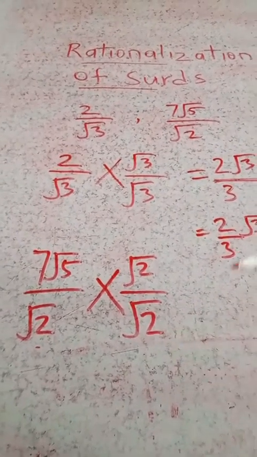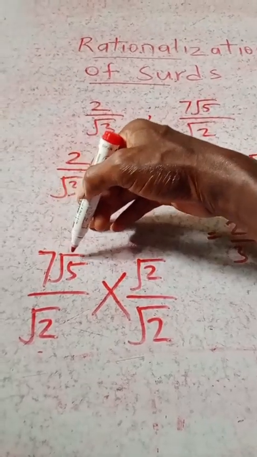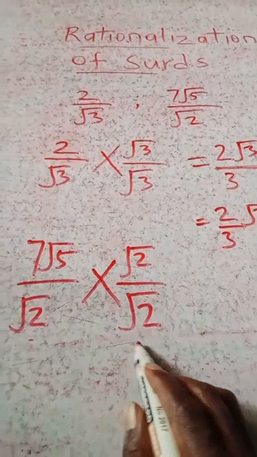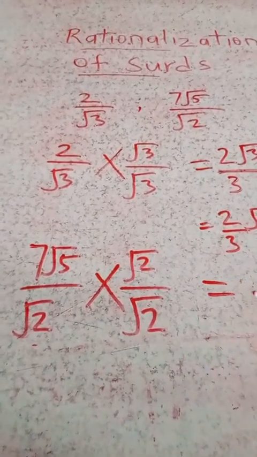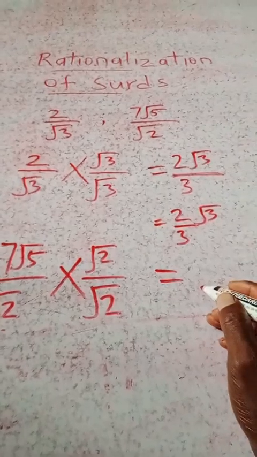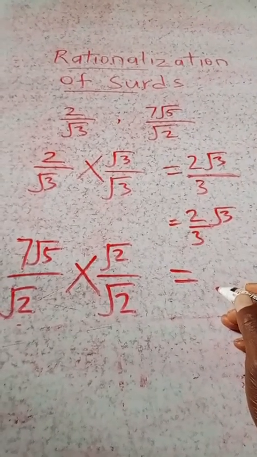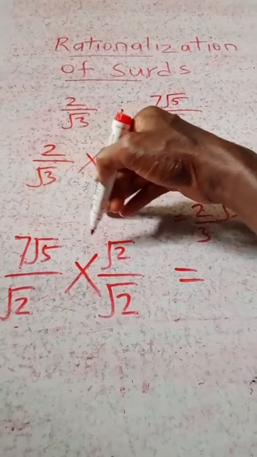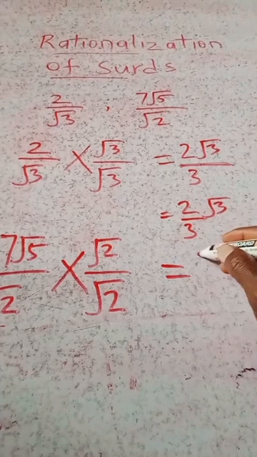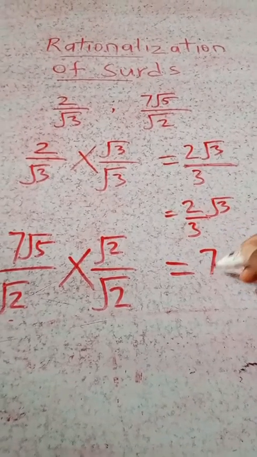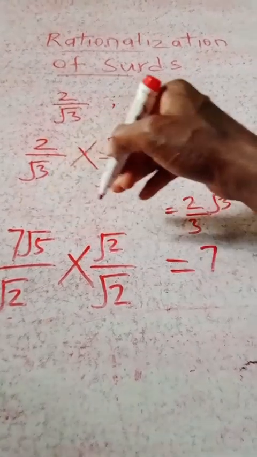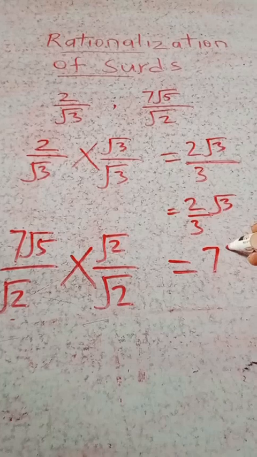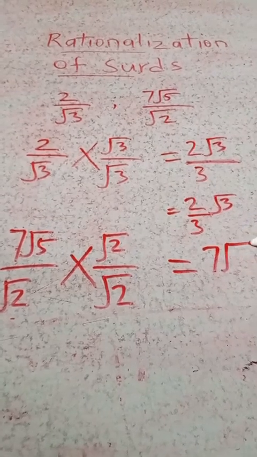Are you getting it? So now we'll multiply 7 root 5 by root 2, and root 2 times root 2. So 7 root 5 times root 2: here 7 will multiply the invisible 1 to be 7, and root 5 times root 2, since the roots are not the same, will give us a number in root.